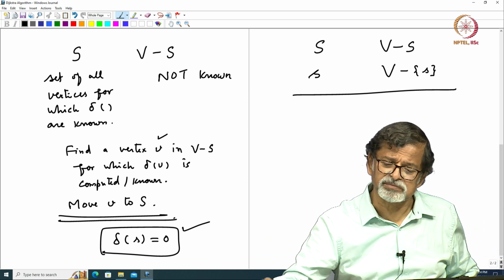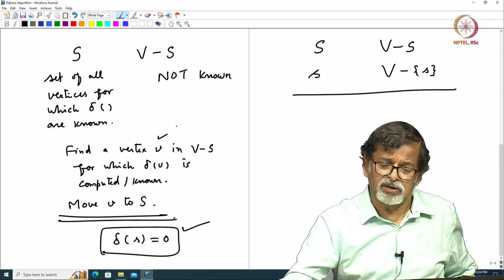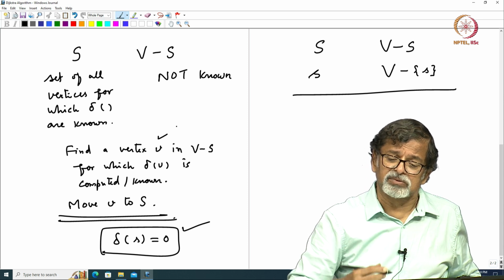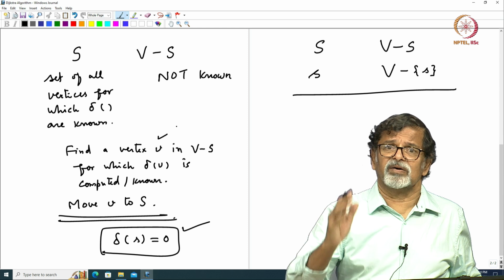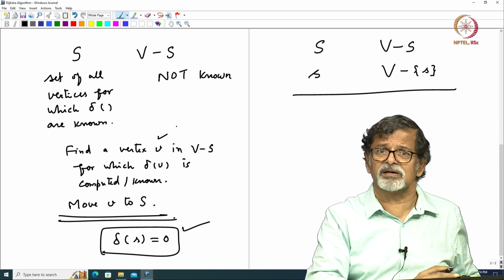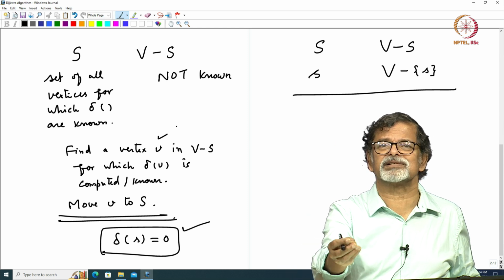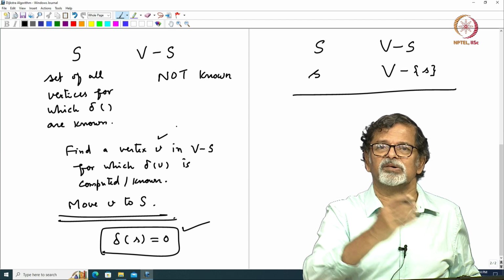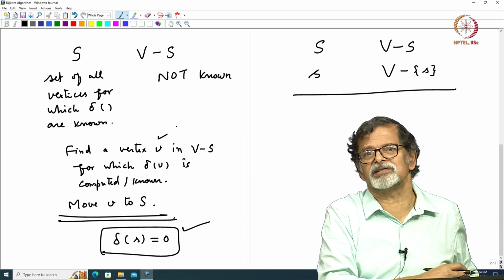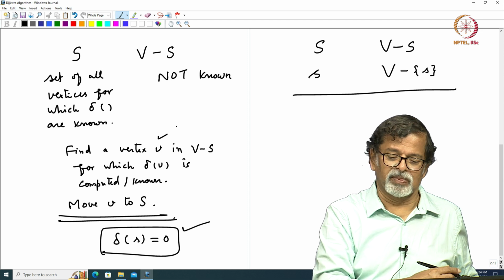Okay. So, in order to determine a vertex for which the delta V is to be computed, I have to maintain some information with respect to each vertex in V minus S. Okay.